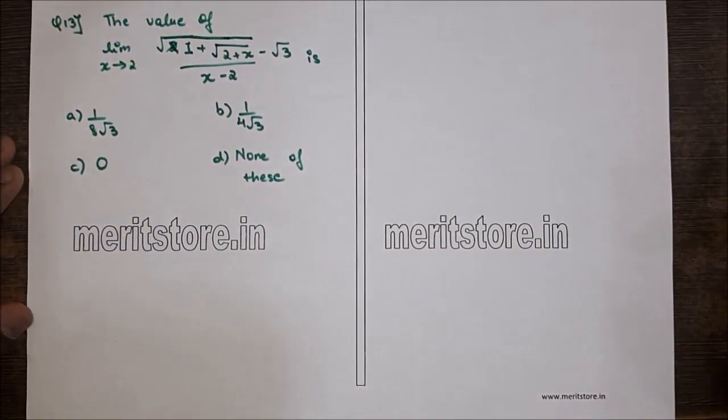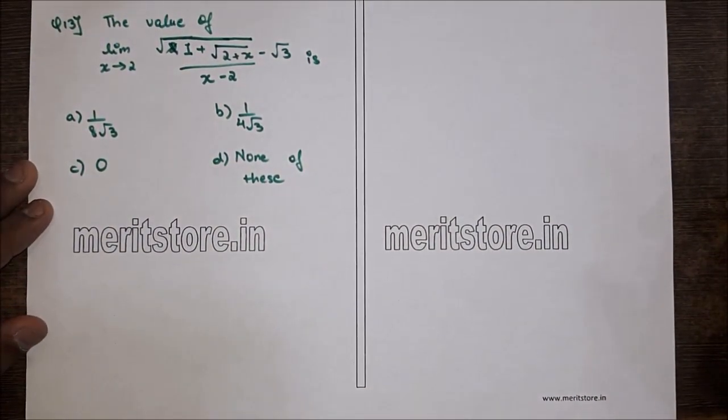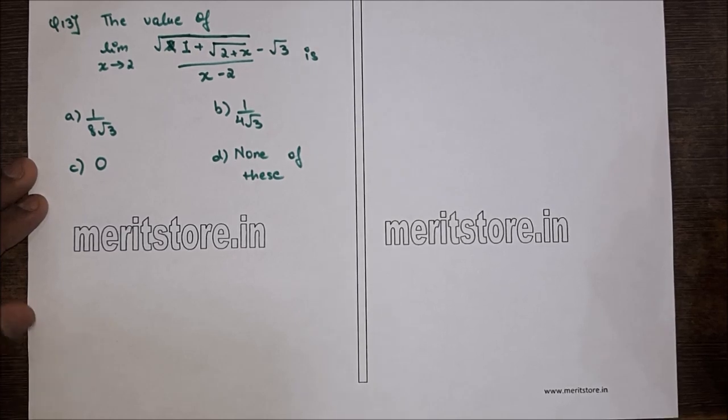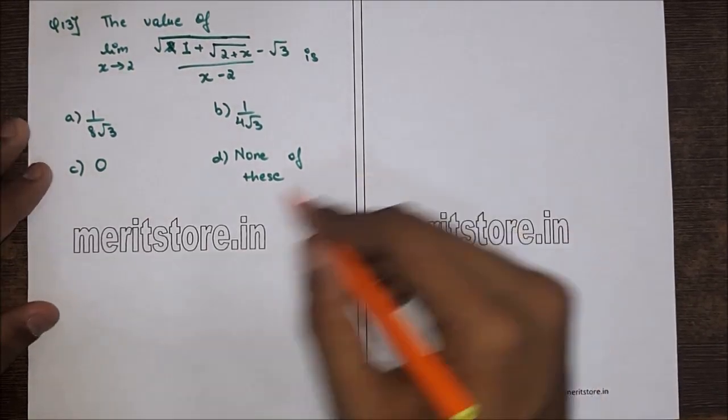The value of limit x tends to 2 of root of 1 plus root 2 plus x, upon x minus 2, minus root 3 is: A) 8 by root 3, B) 1 by 4 root 3, C) 0, or D) none of these.